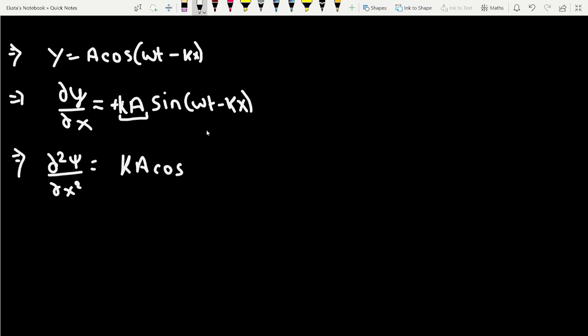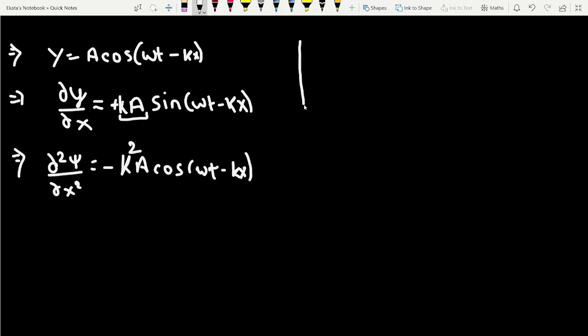Again, omega t becomes 0 and minus kx becomes minus k, so it becomes minus k square a cos omega t minus kx. So after doing the double differentiation, we got our expression like this. Remember, this is omega t, this is minus kx. So we have done it.